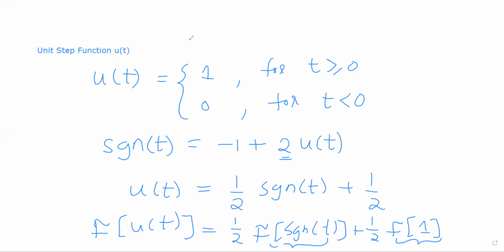So we can write that the Fourier transform of the unit step function is half of, what is the Fourier transform of the signum function? That is 2 by j omega.